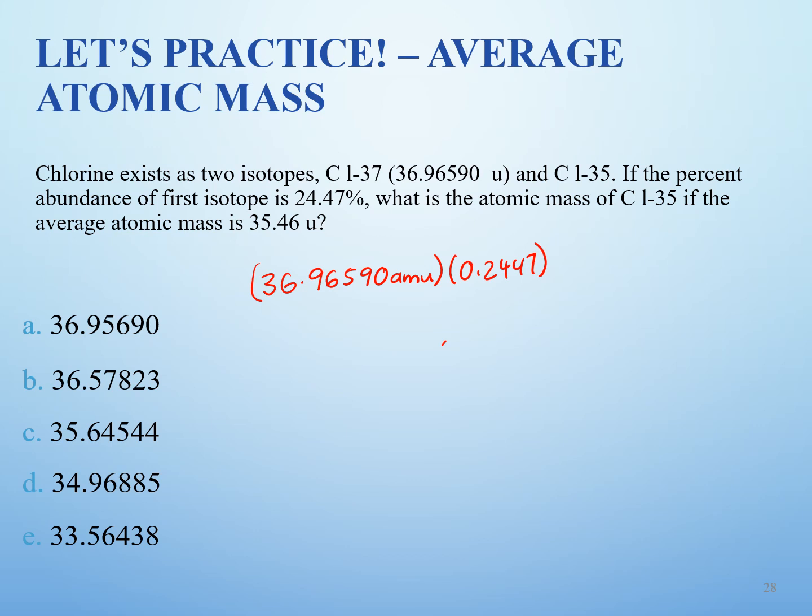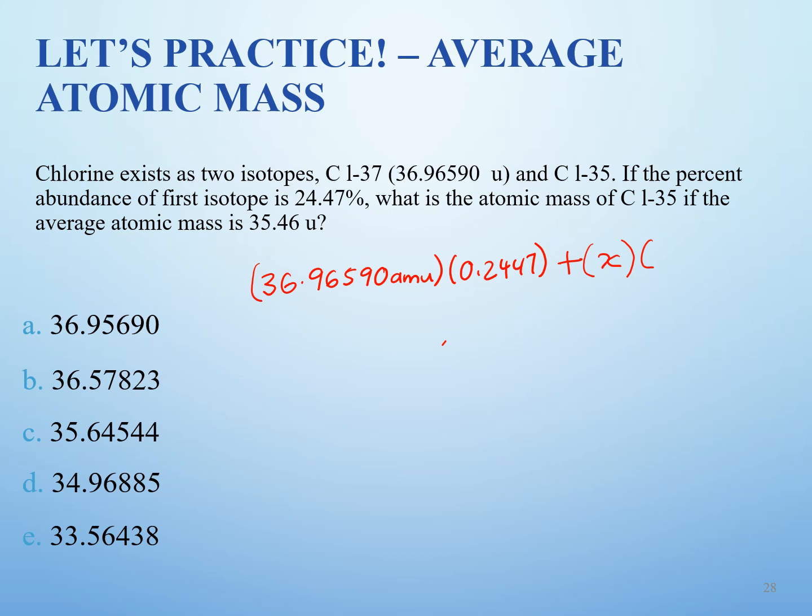Then you add the second mass, which we don't know, so I'm going to call it X. This is where algebra comes in. The abundance of the second one is going to be 100% minus 24.47%, or 1 minus 0.2447. If you do that on a calculator, you get 75.53%.